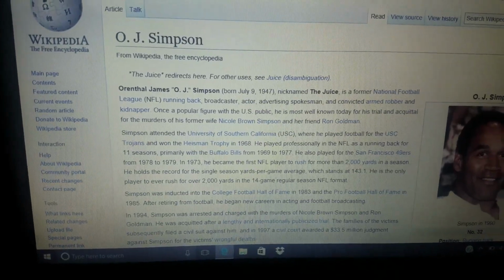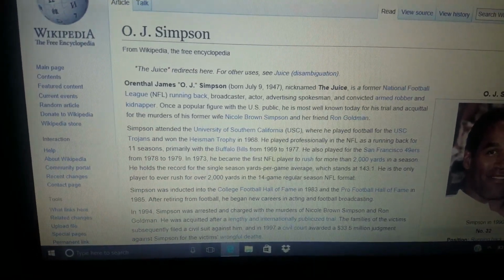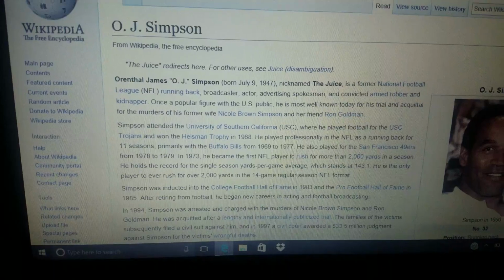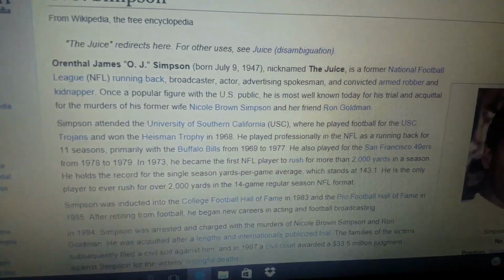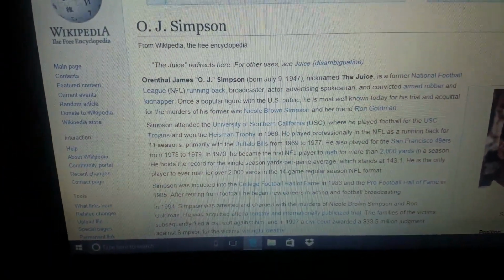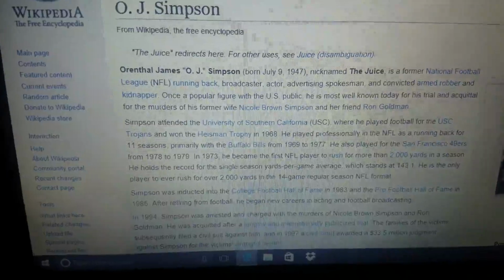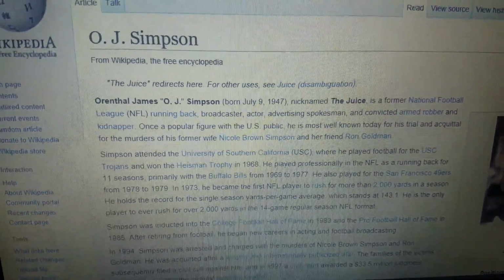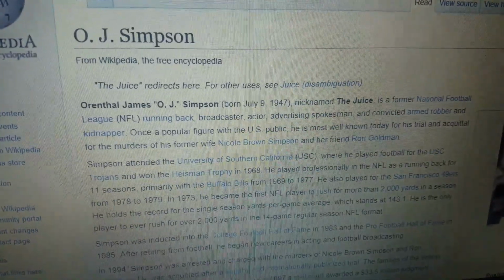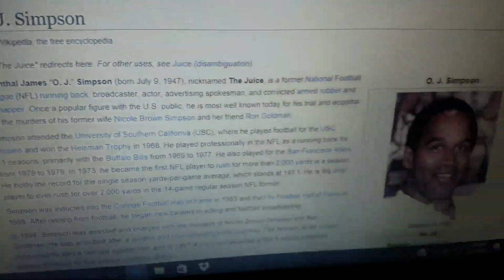The ulterior motive behind this case was, of course, a large form of racial division within the country. I'm going to explain this in very deep detail, so just stay tuned and listen to everything that's stated here.